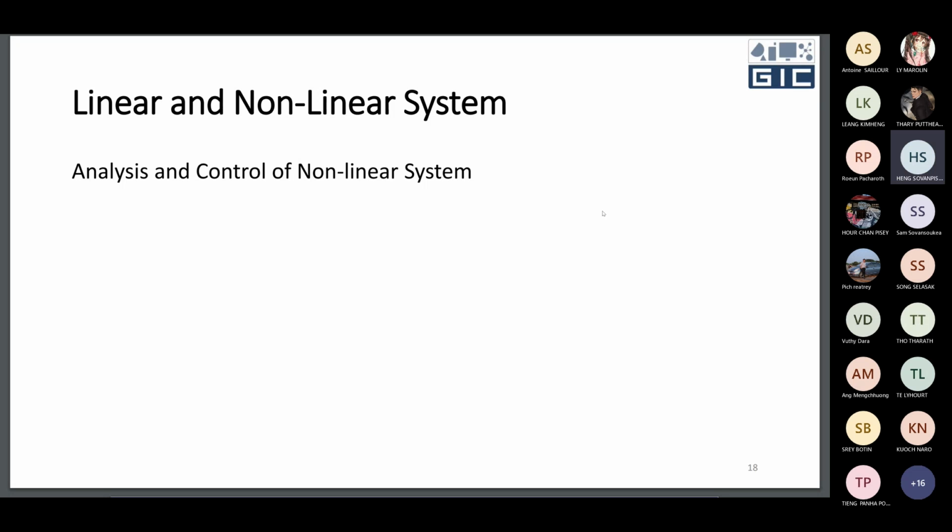Teacher, what does it mean to analyze and control the nonlinear system? Okay. At the moment, I just would like to say control first. Control of nonlinear system: the behavior of a nonlinear system cannot be predicted. This is the general definition.